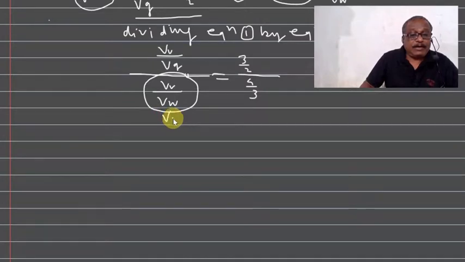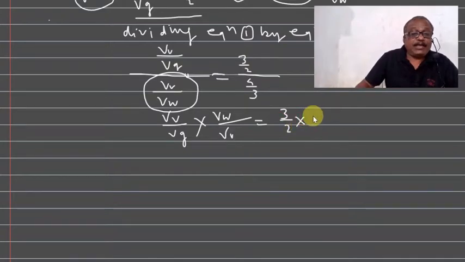Observe here, velocity in vacuum upon velocity in glass. So for this division we write multiply and then inverse. Inverse means velocity in water upon velocity in vacuum. Now on the right side, division means multiplying by its inverse.